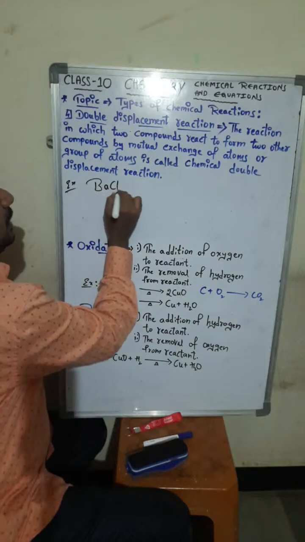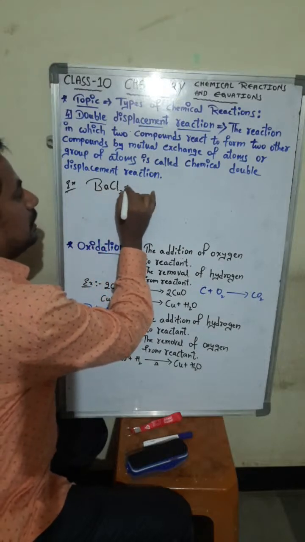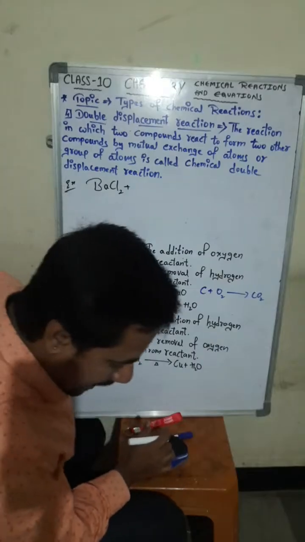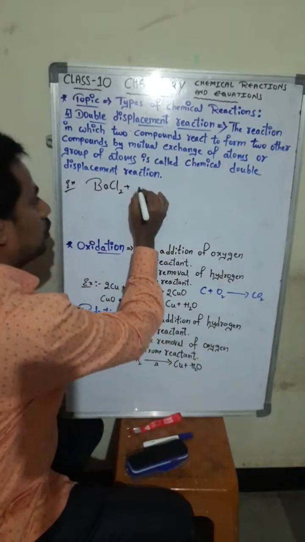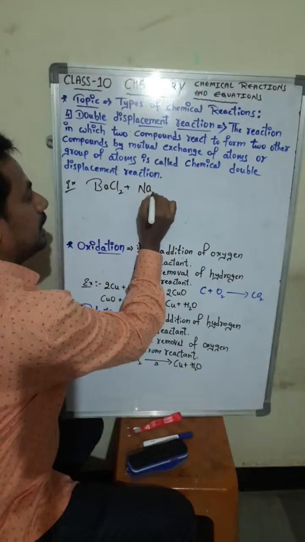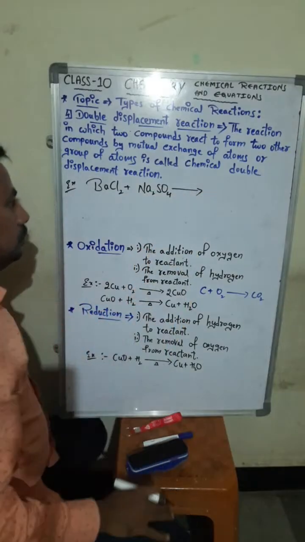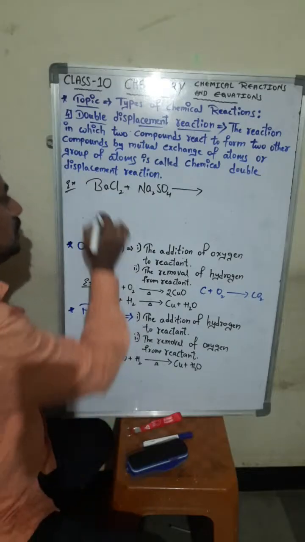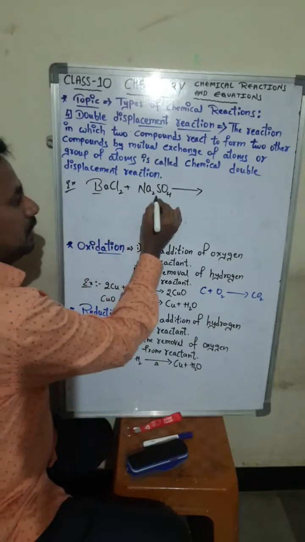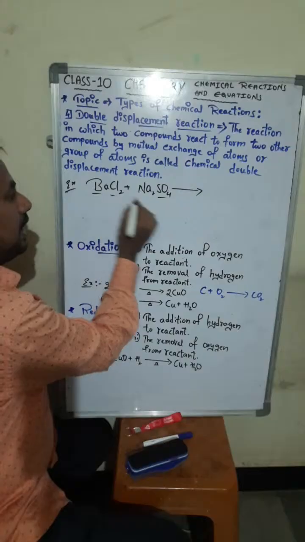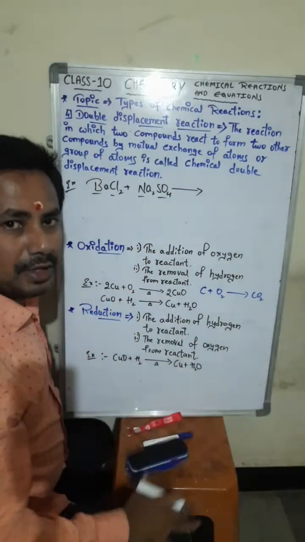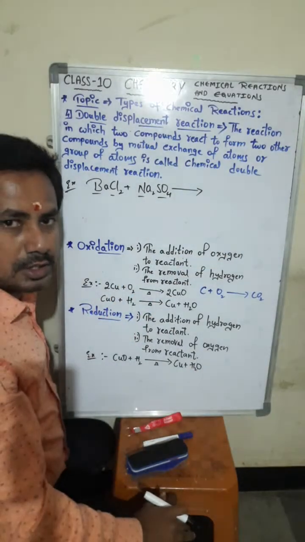Barium chloride, BaCl2, and sodium sulfate, Na2SO4. What happens here? Barium will combine with sulfate, and chlorine and sodium will combine, forming new compounds.